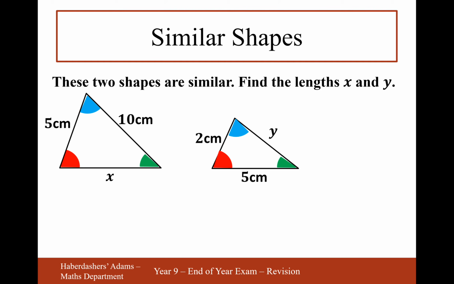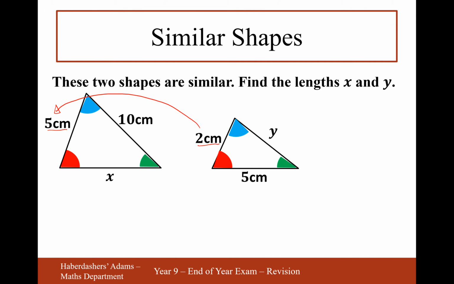And the question is, how do we work out what that scale factor is? Well, we have to look for a common side where we have a number on both of those sides. And in fact here, 2 and 5 will help us work out our scale factor because they're in between the blue and the red angles. So what would be the scale factor to get from 2 to 5?